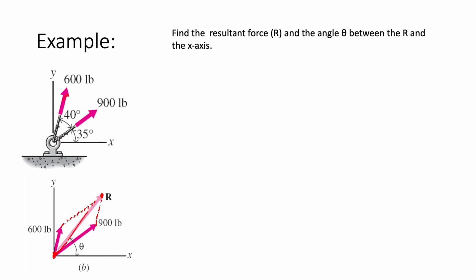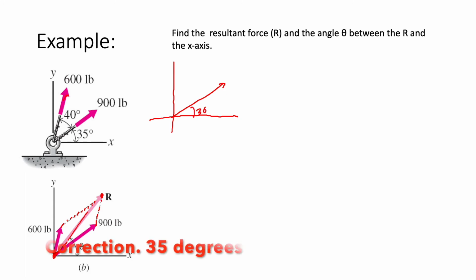We can also draw this using the head to tail method. So we can draw the first vector, 900 pound, here. So this is 30 degrees. And then we can draw the second vector from the tip of the first vector, which is 600 pound.